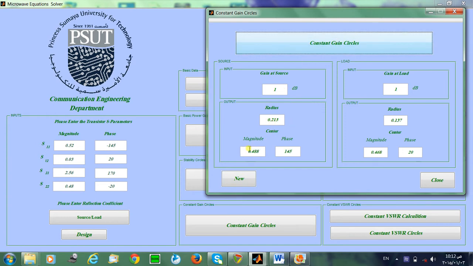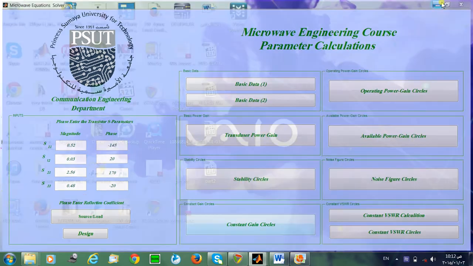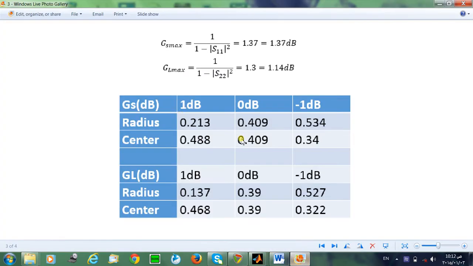Now we get the radius, magnitude and phase, the same way we did for our stability circles. If we change these values to 0 and 0 dB, we get other values. We took all these values and put them in a table, which is shown over here: 1 dB, 0 dB, minus 1 dB, with the radius and center for each.